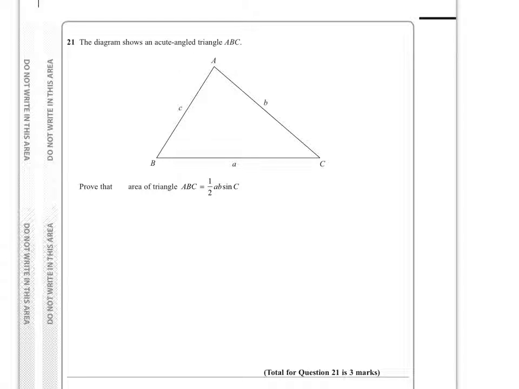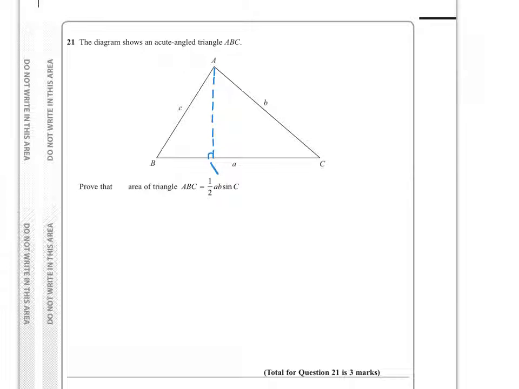Question 21. The diagram shows an acute angle triangle ABC, and we've got to prove the area of that triangle is a half AB sine C. Well, a nice way of doing this, which you've probably been shown by your teacher many times, is to drop a perpendicular here.